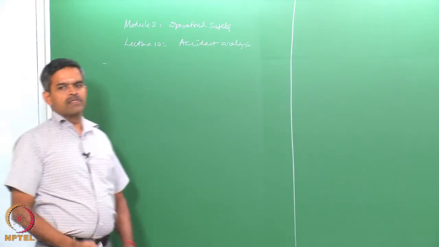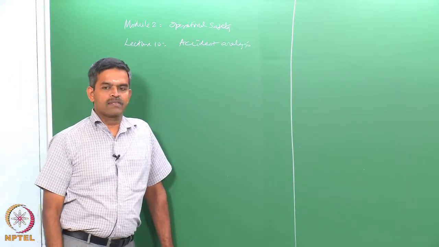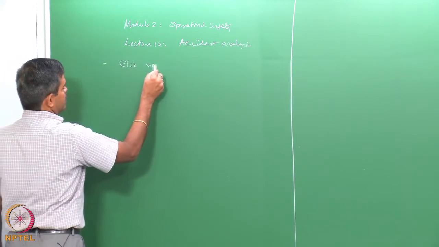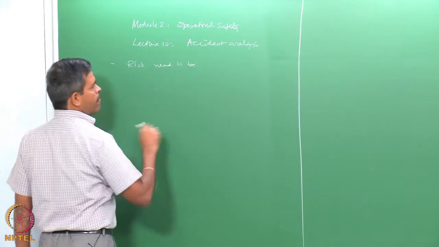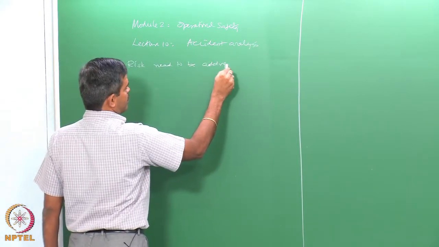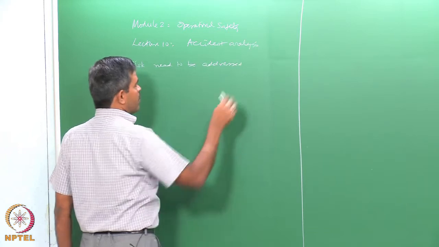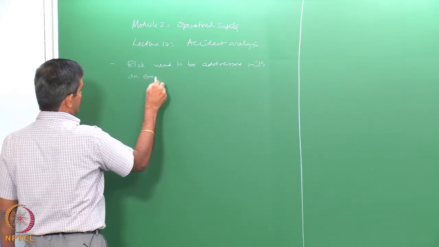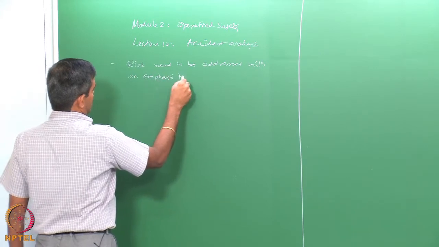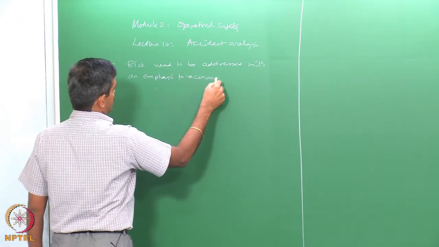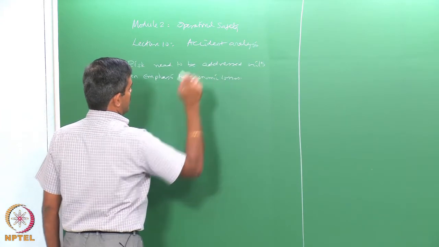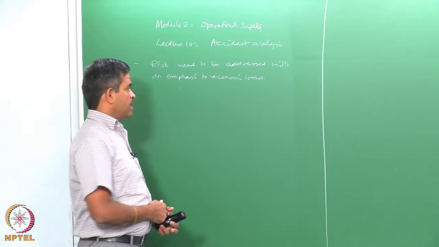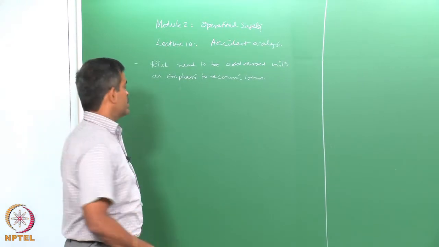Let us quickly rewind and see what we have discussed so far in the last lecture. We have understood that risk needs to be addressed with an emphasis to economic losses. Human loss can also be one of the parts of risk assessment, but economic loss is also vital, it should be addressed.